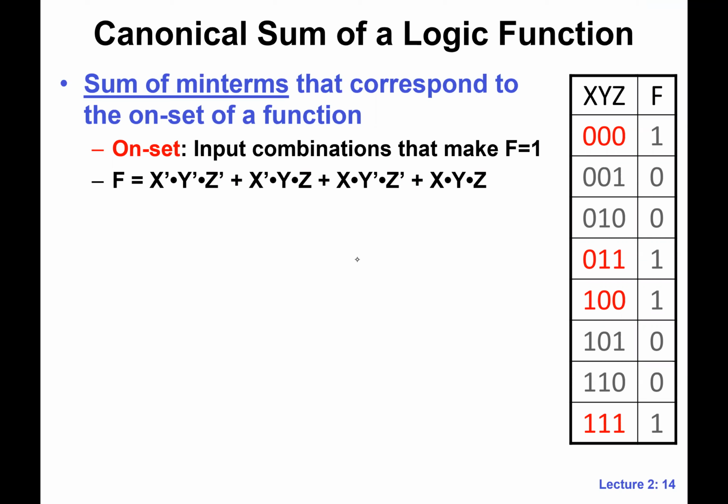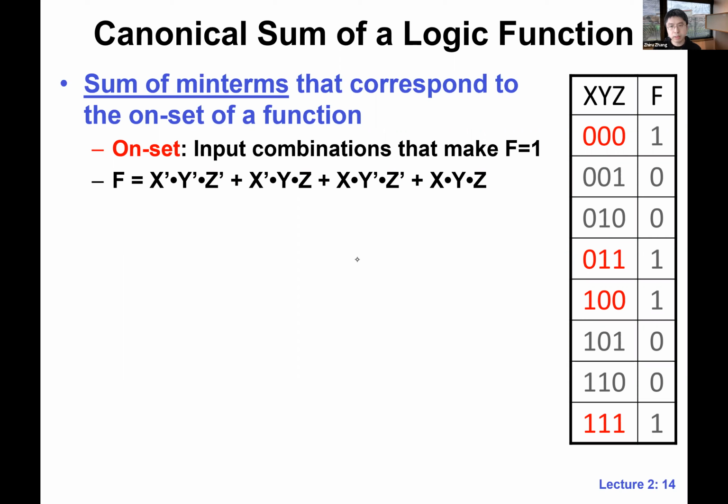I have another quick question about the onset. So basically, is the whole function saying, if you hit any of these combinations in the onset, then it will be 1? So is it basically just a set of all the minterms? That's right. You get the right intuition, Jacob.